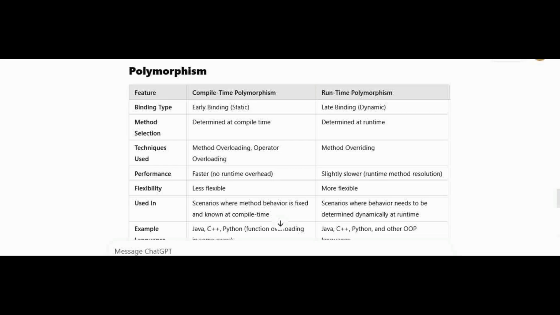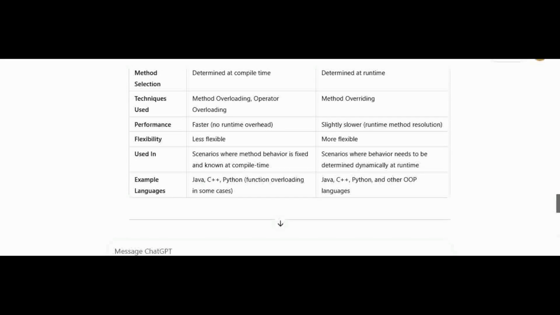Let's look at example languages. Compile time is used in Java, C++, Python, with function overloading in some cases, while runtime is used in Java, C++, Python, and other OOP languages.